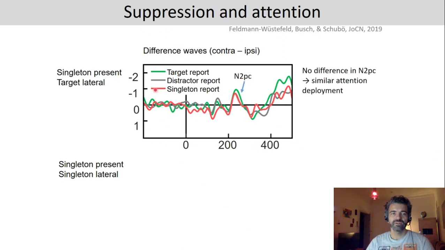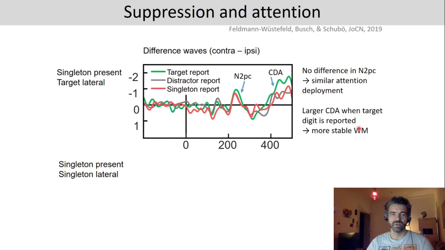So here you can see the target lateral trials, and you can see that there is an N2pc elicited by the target. But there was no significant difference in the N2pc between the conditions. So similar attention deployment towards the target in trials in which the correct and incorrect digit was reported.